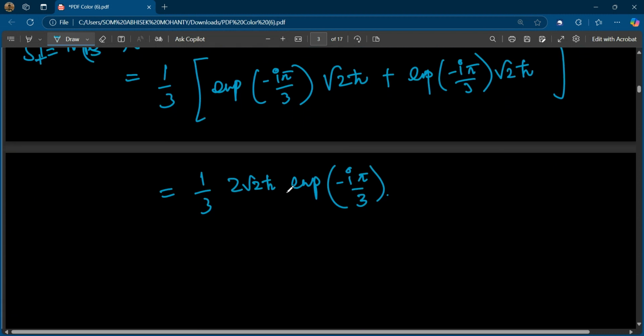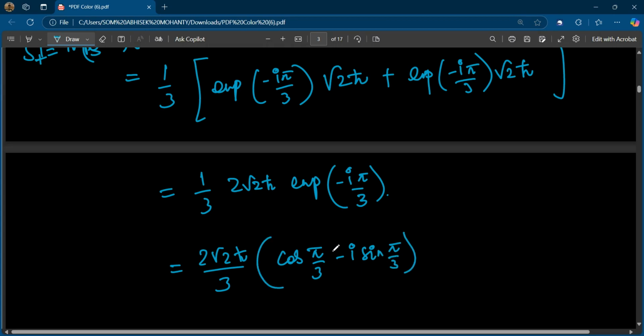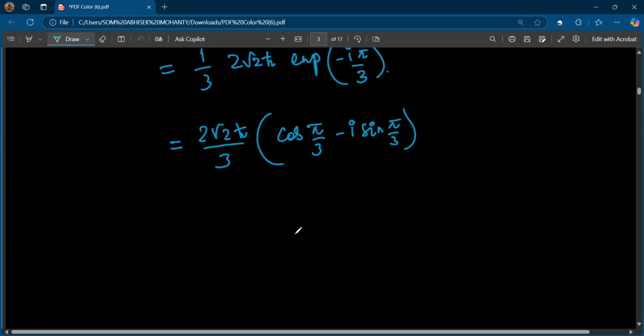Okay. If we expand it, it will be cos pi by 3 minus i sin pi by 3. Suppose we ignore this term because it's an imaginary term.